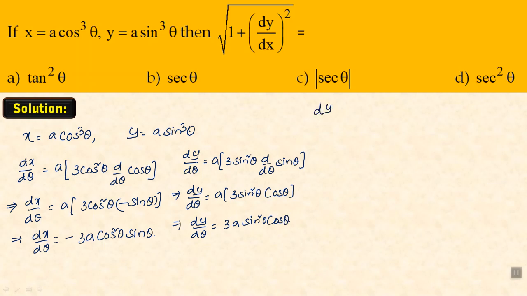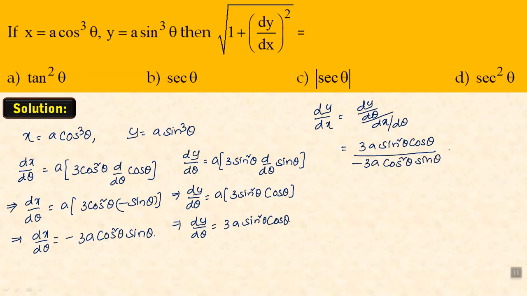Now dy by dx is equal to, here dividing with d theta in numerator and denominator, we get dy by d theta divided by dx by d theta. This equals dy by d theta, that is 3a into sin square theta into cos theta, divided by dx by d theta, which is minus 3a into cos square theta into sin theta.